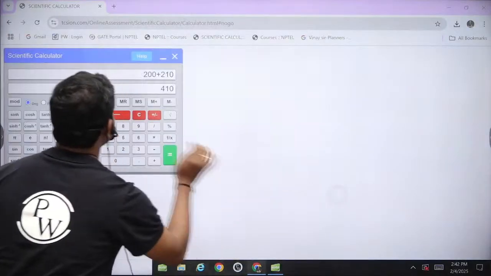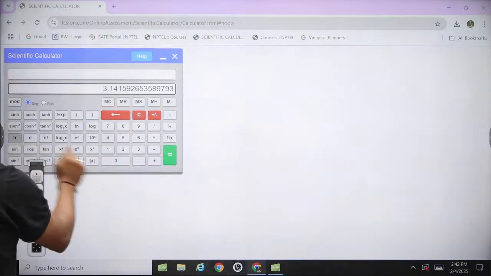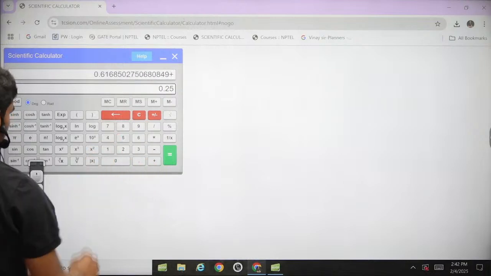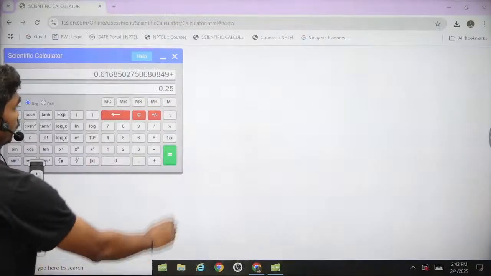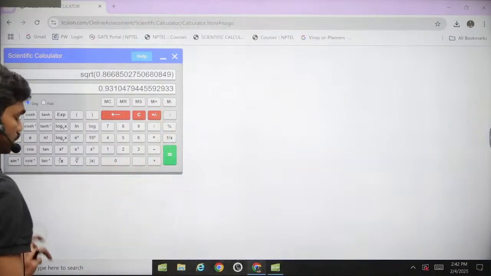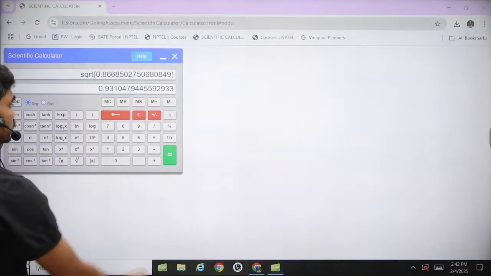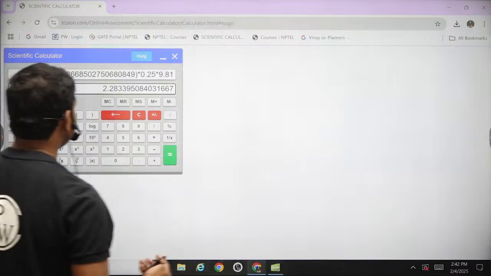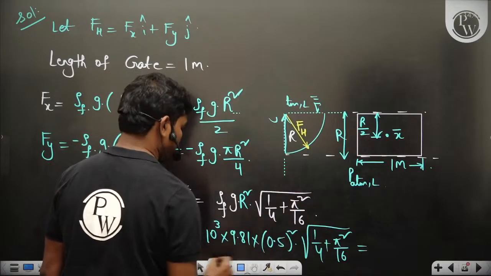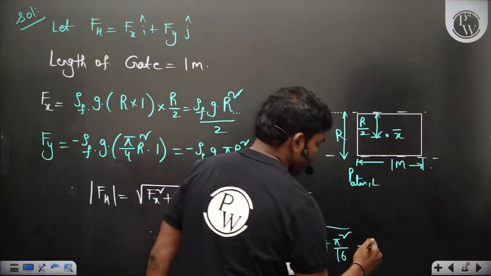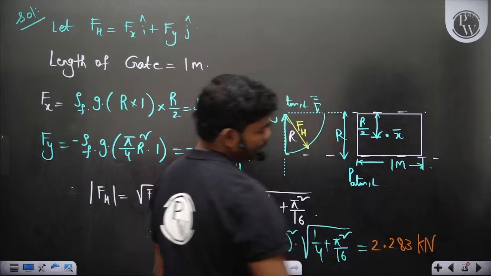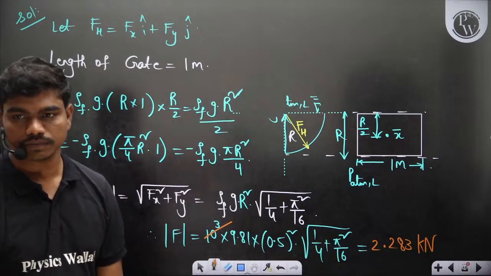Pi square by 16, so pi square by 16 plus 1 by 4, which is 0.25. So the square root of this value into 0.5 square, so 0.25, into 9.81. So 2.283. That would be the force.